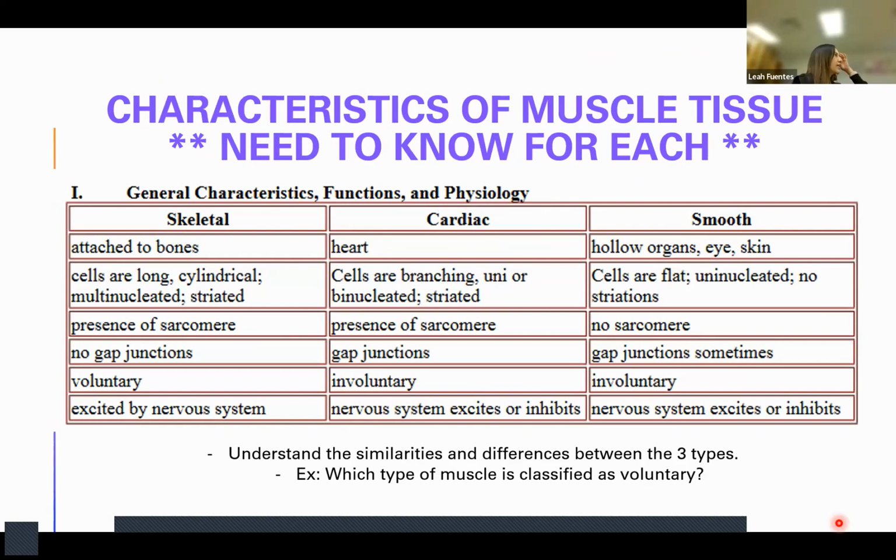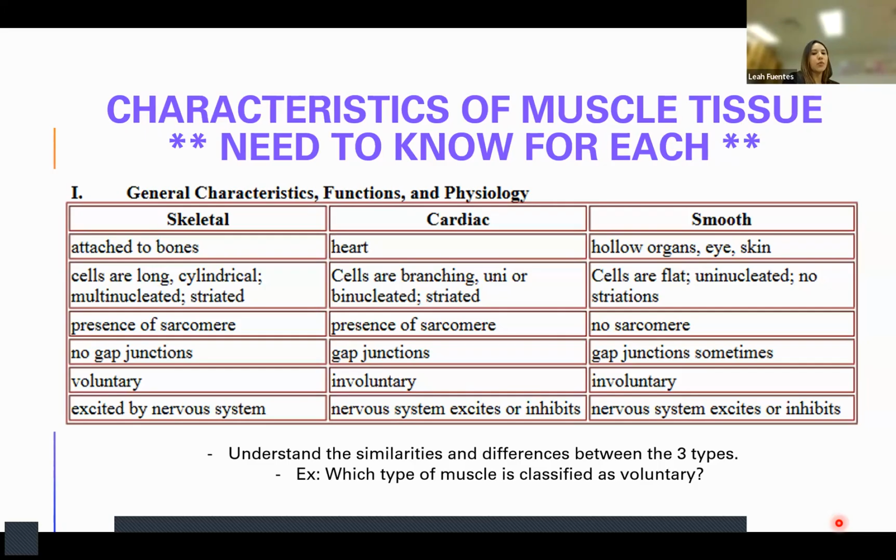Okay, and then there are specific characteristics of muscle tissue, and you need to know each of them for each of the 3 types: skeletal, cardiac, and smooth. An example of this would be which type of muscle is classified as voluntary. And then we just go to our chart, and that would be skeletal.